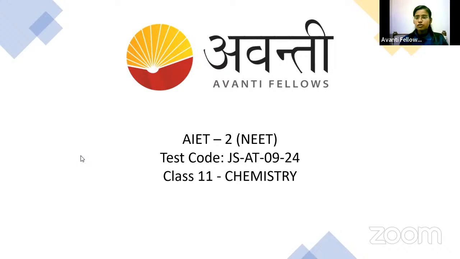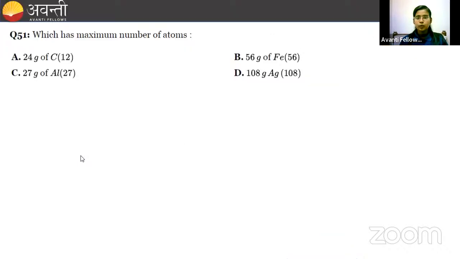The first question for today's session is question number 51 of your question paper. It says: which has the maximum number of atoms? We have 4 options. Okay. So we are asked to find the maximum number of atoms.